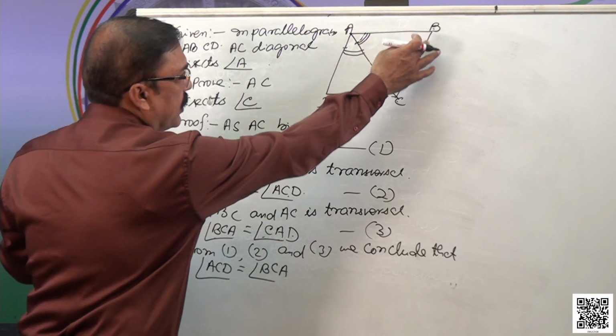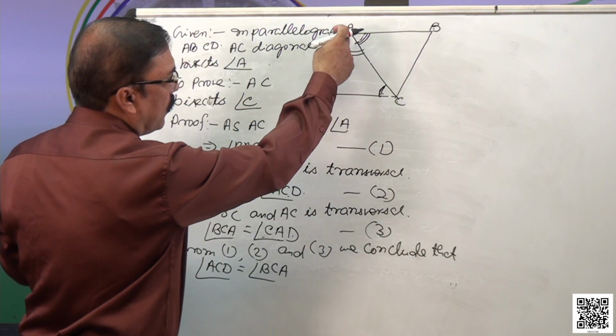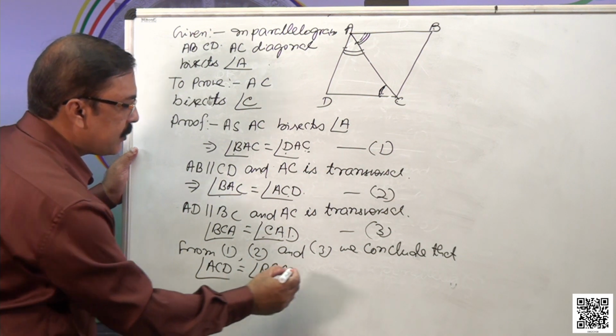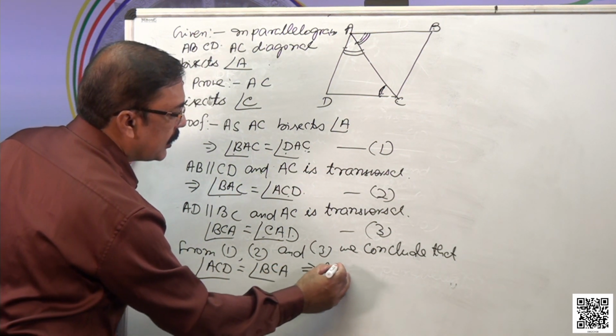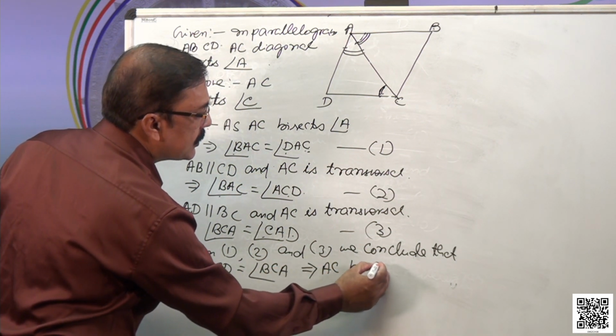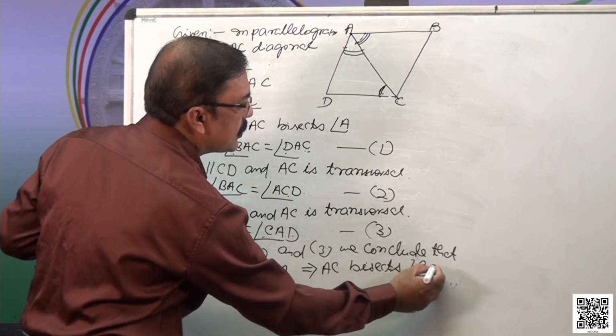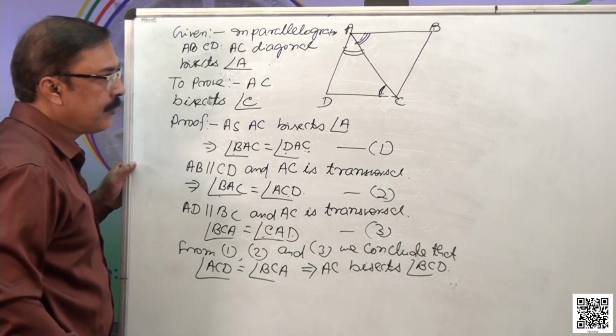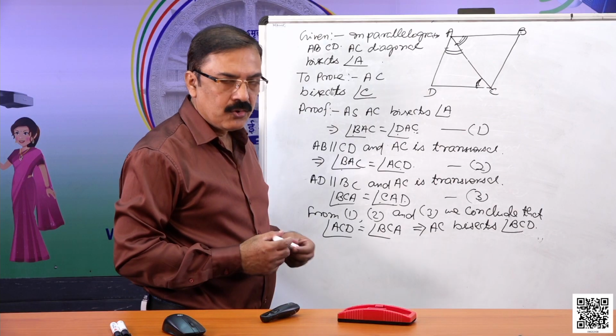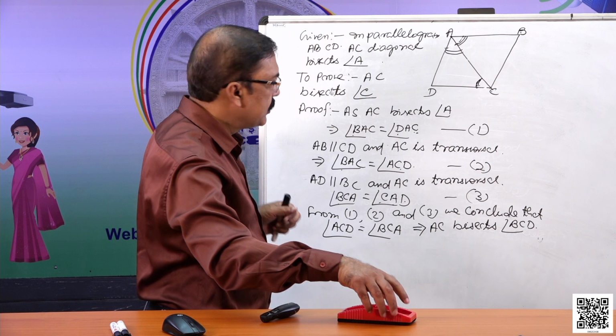So as angle BCA is equal to angle ACD, this means AC bisects angle BCD. Now let's prove it to be a rhombus.